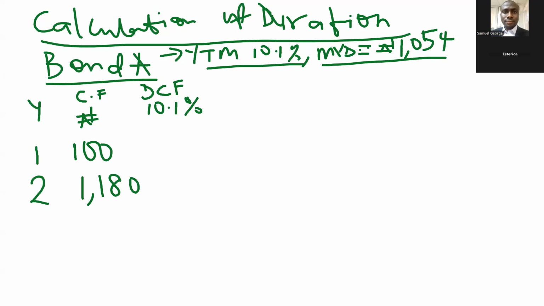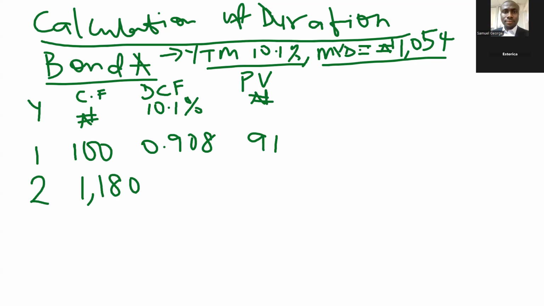What is the present value factor? 1.101 raised to power minus 1 is 0.908, and so on, multiplied by 100, we got 91. That is our PV.